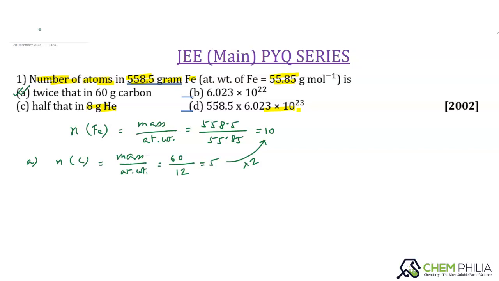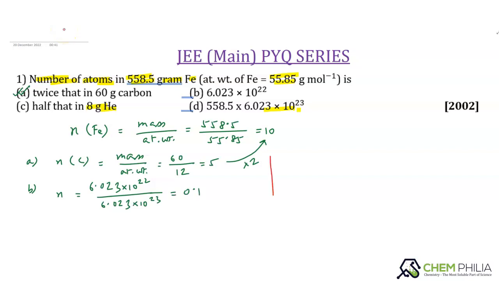But still, if we look at the other options, option B, 6.023 into 10 to the power 22, that means number of moles in this case is 6.023 into 10 to the power 22 divided by Avogadro number, that is 6.023 into 10 to the power 23, that is 0.1. Clear?